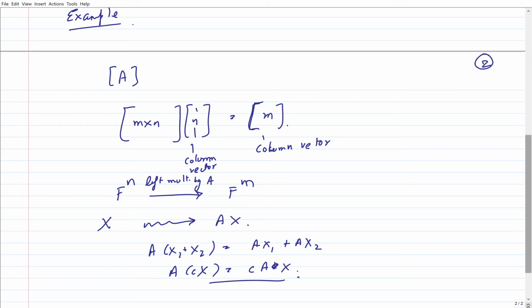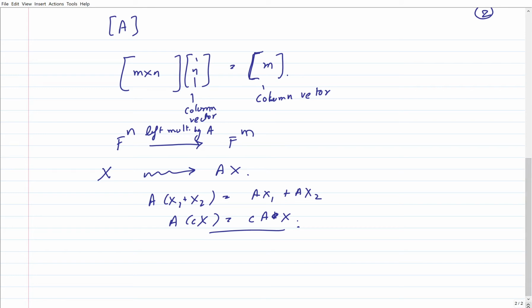So what are the other examples we can think of? Well, consider the vector space of real polynomial functions of degree less than n.